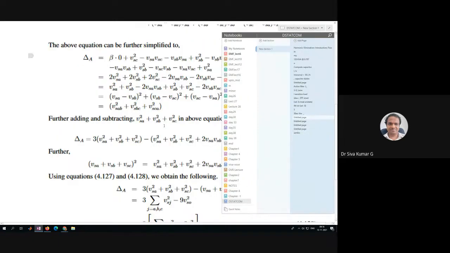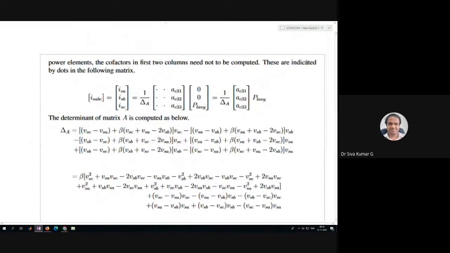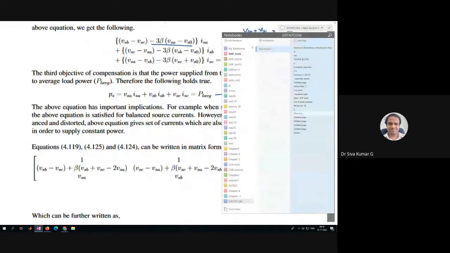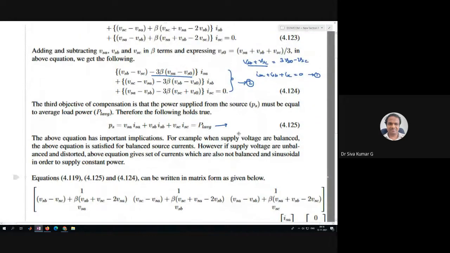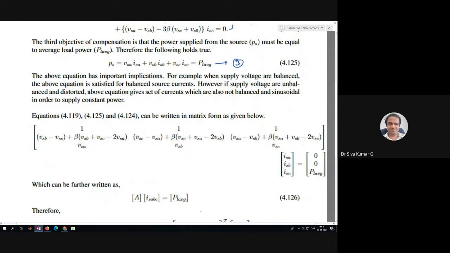Where we were: we have been at this equation. This is about the third equation. We have three equations. The first equation is ISA plus ISB plus ISC equal to 0. The second is about the phase angles between the source voltage of positive sequence and the positive sequence of the current plus phi, where phi is the desired power factor.